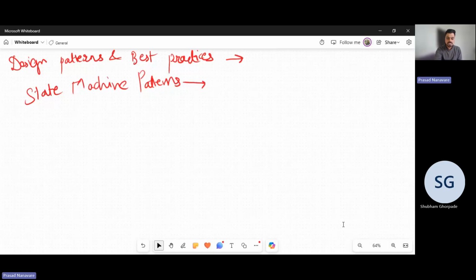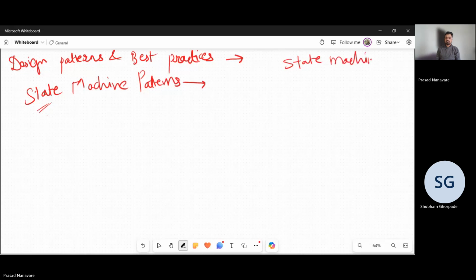Yeah, so I was asking if you have studied state machines. Do you know what a state machine is? Ever studied in engineering? Yes or no? Simple answer. Yes, sir, but not remembering. Okay, no, I'm not going to ask you questions right now. I'm just asking if you are familiar with what state machines actually are.